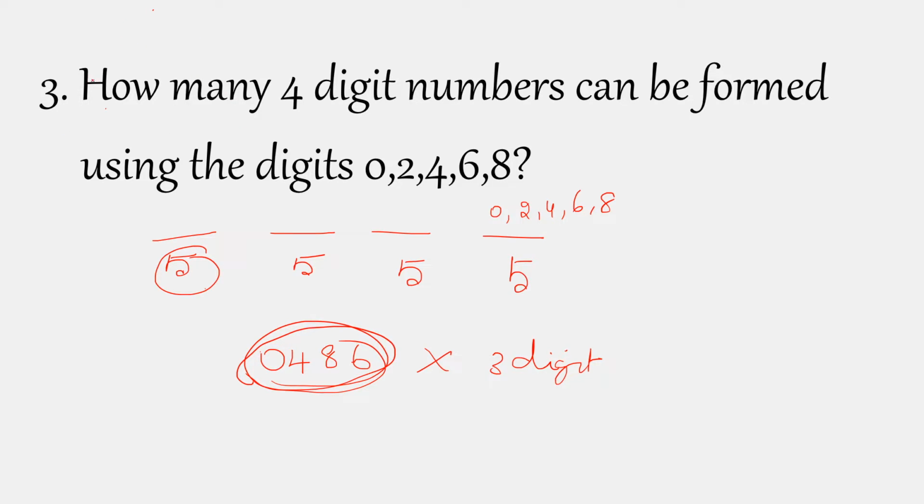I don't have the freedom of writing 0 in the first digit. Therefore, this will become only 4. I have the freedom of writing only 4 numbers here. Now all 4 digits should be filled, therefore multiplication, and if you multiply you will get 500 as the answer.